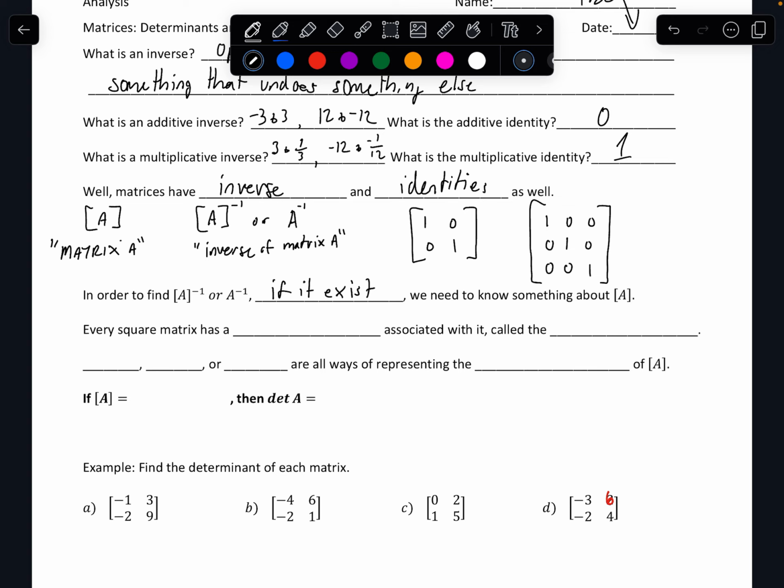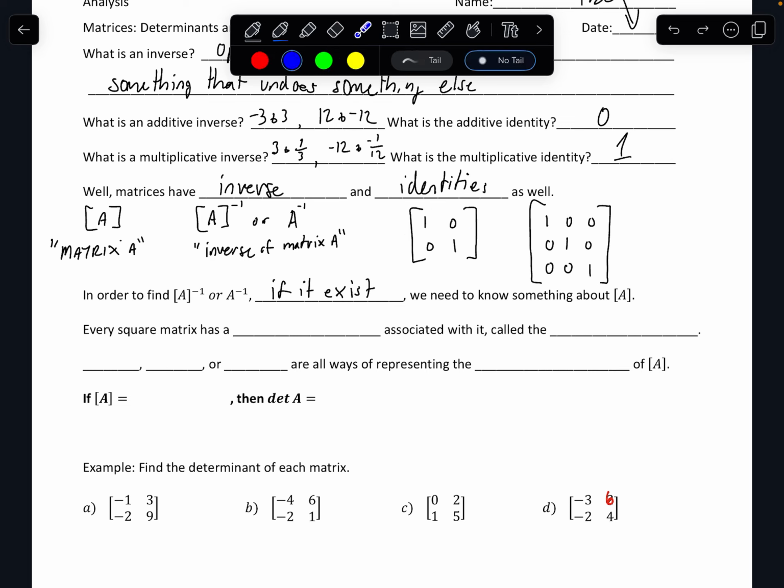So every square matrix, so these are square matrices, right, as opposed to like a 1x3 matrix, which is not a square, it's a rectangle. So a 2x2, a 3x3, a 4x4, a 1x1, a 5x5. We're going to be focusing on the 2x2s.